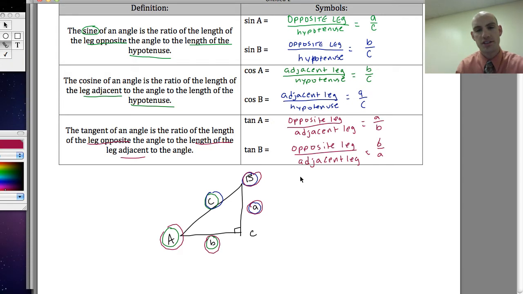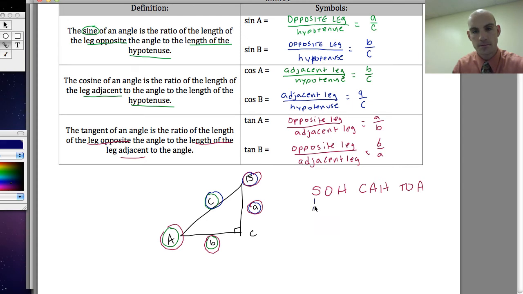And so what I want you to see is that we have a mnemonic for these. A mnemonic is something that helps us remember. And the mnemonic is this. SOHCAHTOA. And what SOHCAHTOA is a device to help us remember.